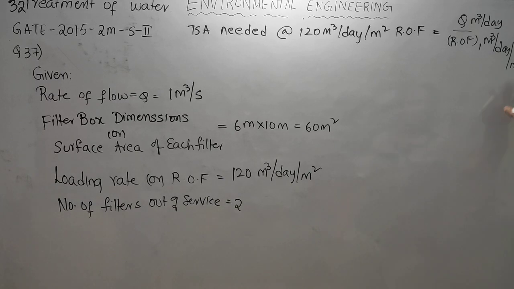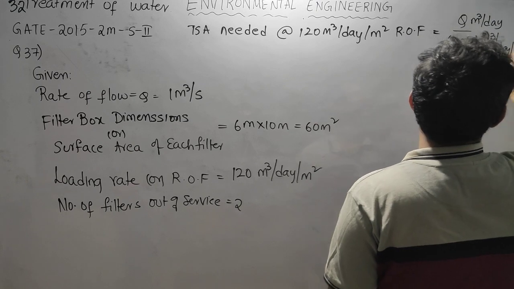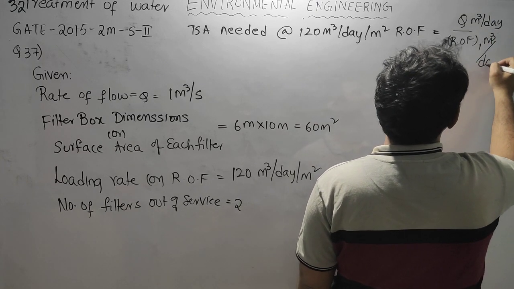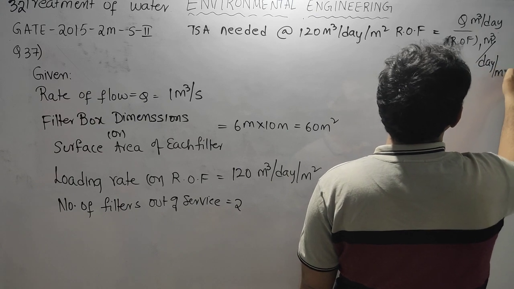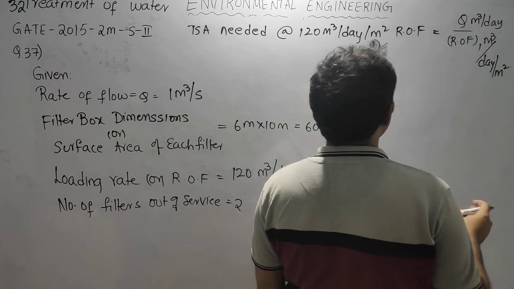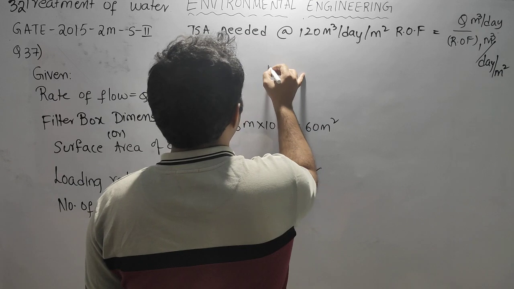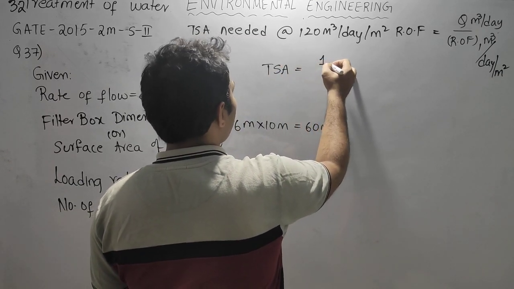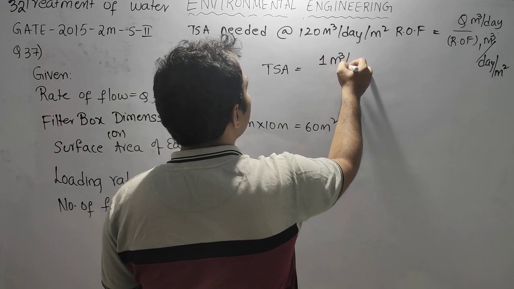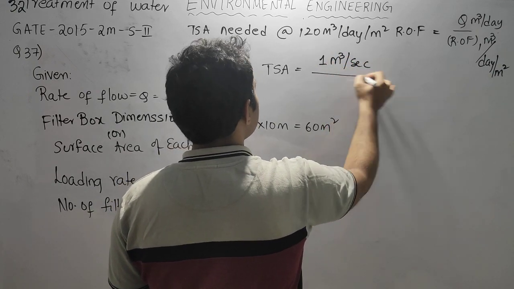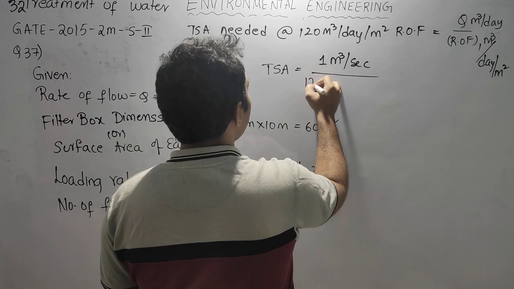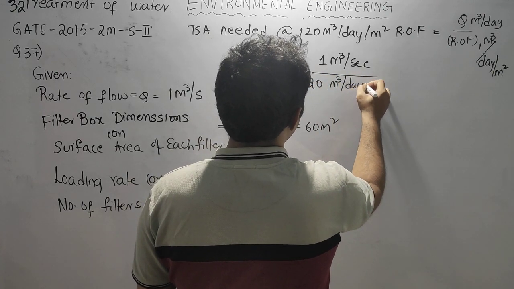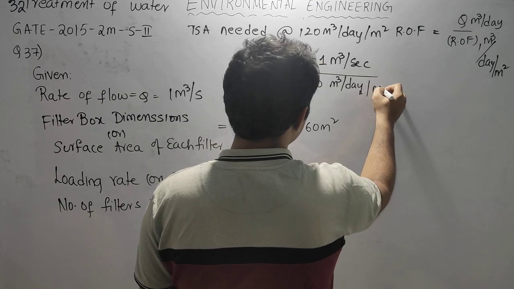Total surface area is equal to Q, which is 1 meter cube per second, by the rate of filtration, 120 meter cube per day per meter square.